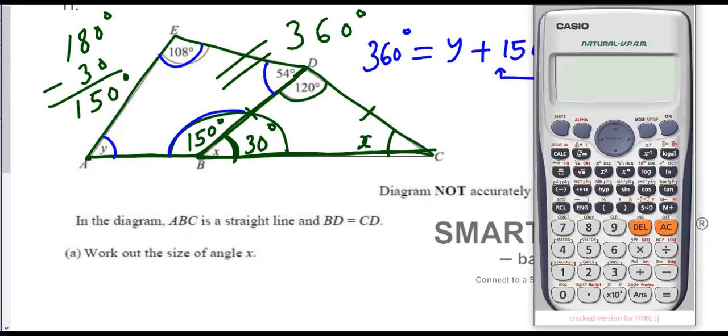Let me get my calculator and put it somewhere here.